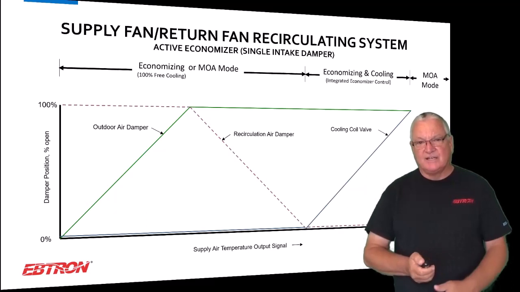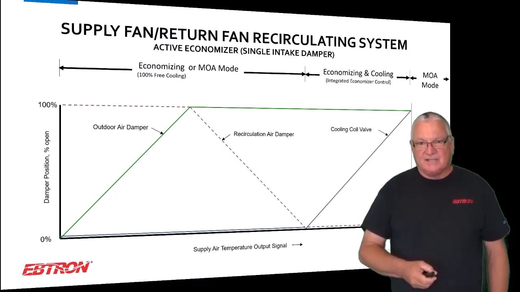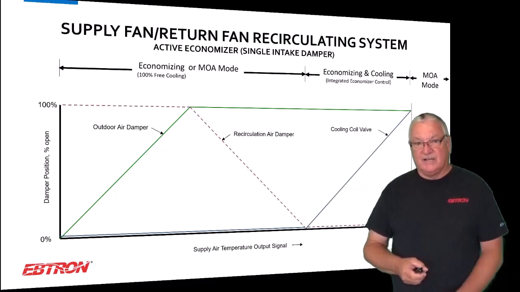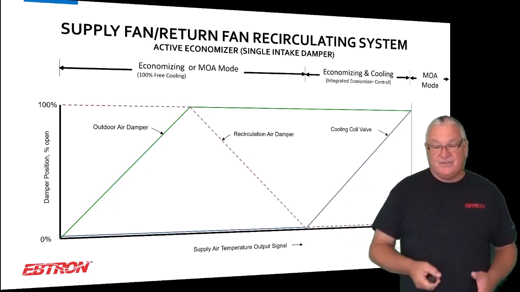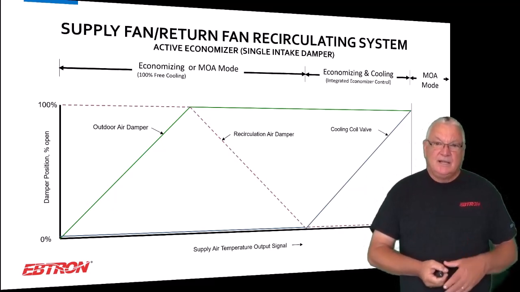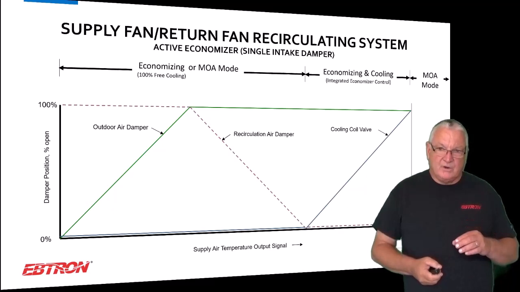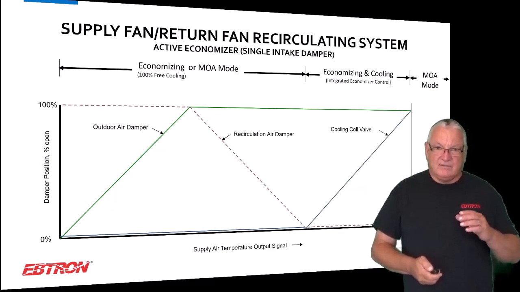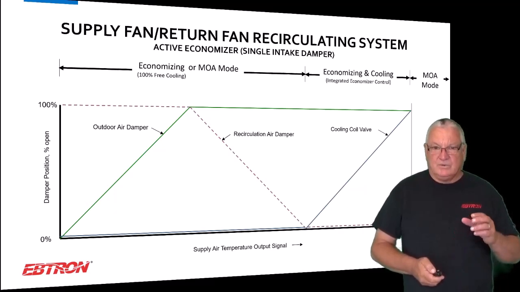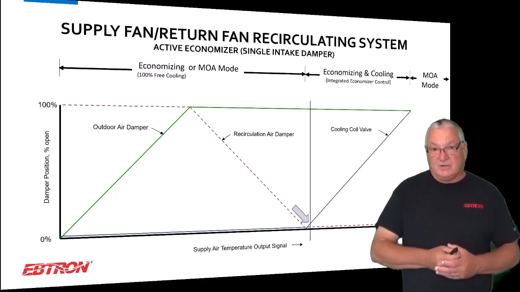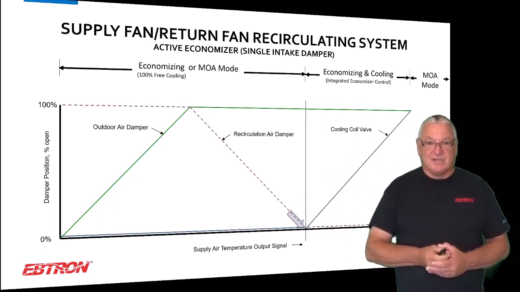And basically, I'm going to go right to left this time. Here you're starting in minimum outdoor air mode, to the right of that vertical line on the right side. You're doing your control strategy for minimum outdoor air, and then as we start to get into 100% economizer, you're using a cooling coil and conditioning that air to get to the supply air temperature set point.